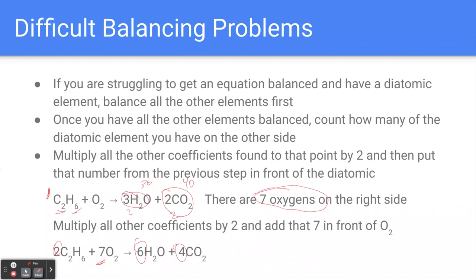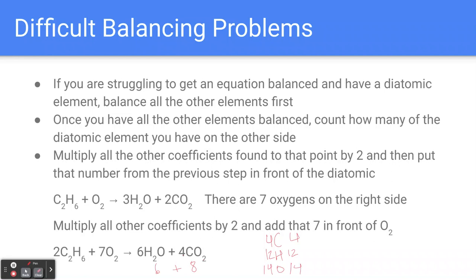So if we go ahead and count this final balanced chemical equation, I have 4 carbons on each side. For my hydrogens, I've got 12. And then for my oxygen, I have 14 on the left. And then on the right, I have 6, and 4 times 2 gives me 8. 6 plus 8 gives me 14.